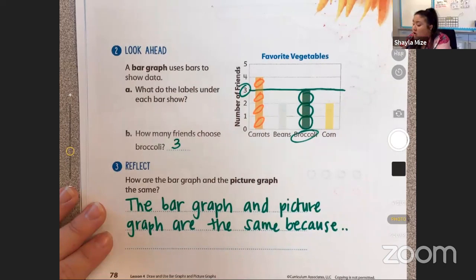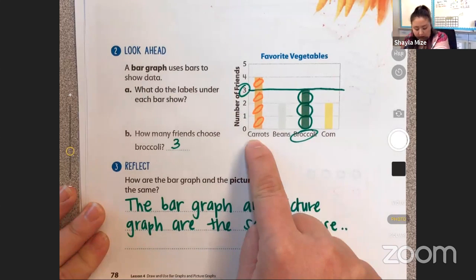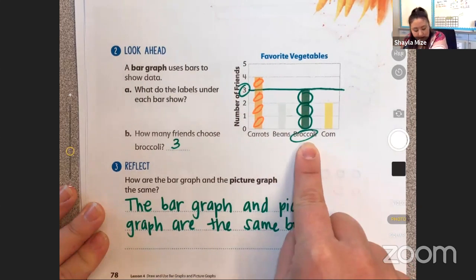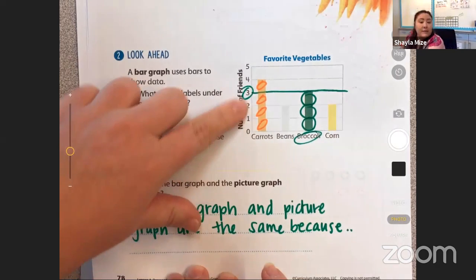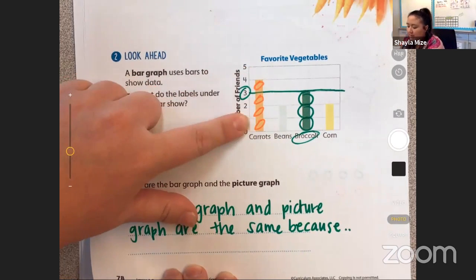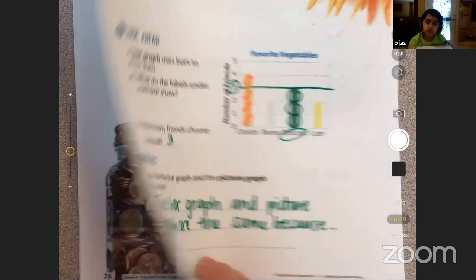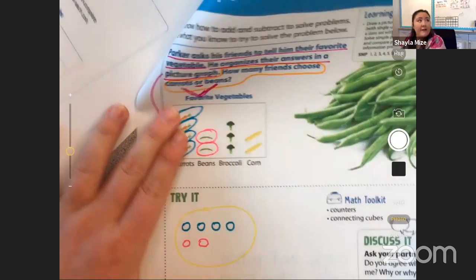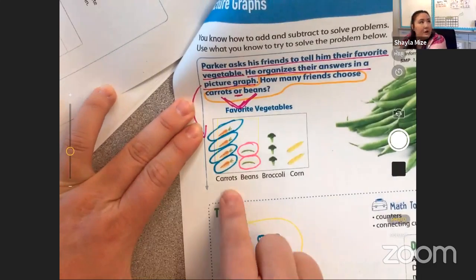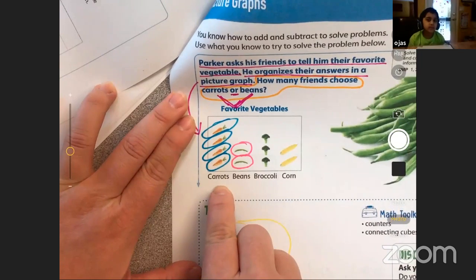Right. So they still showed the same amount of vegetables and the same numbers, right? So there was 4 carrots here on the bar graph. There was also 4 carrots here on this picture graph, right? Yeah. Awesome.